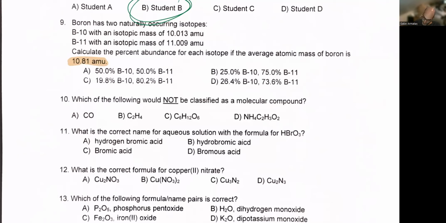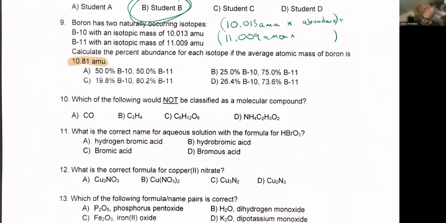So together, B10 has a mass of 10.013 AMU times its abundance, plus the 11.009 AMU times its abundance.